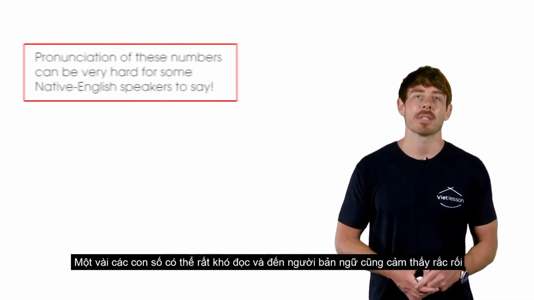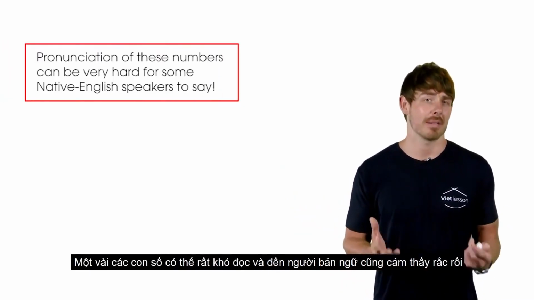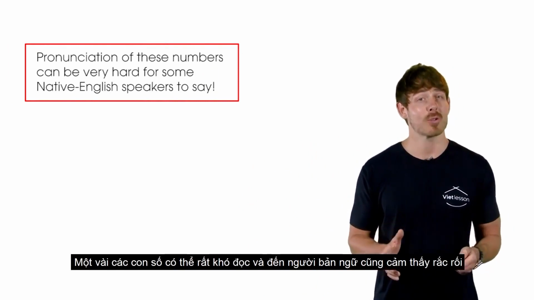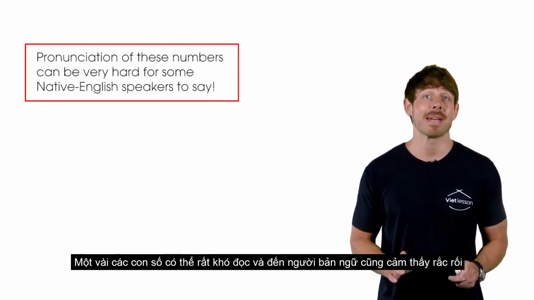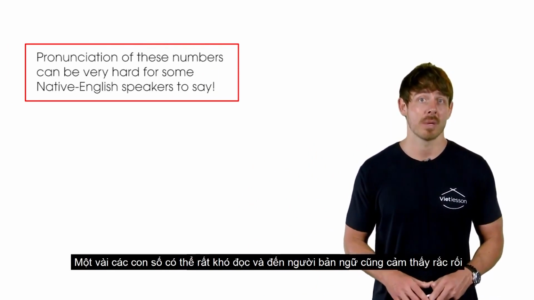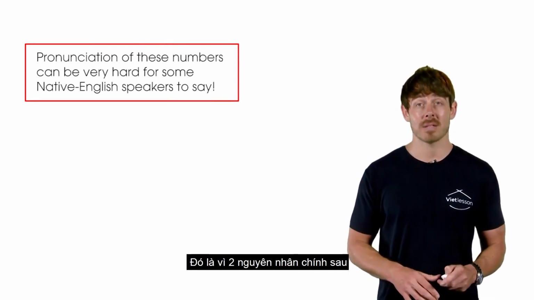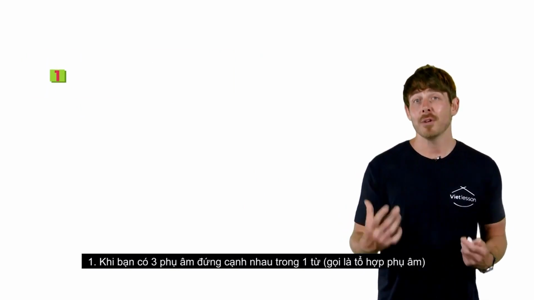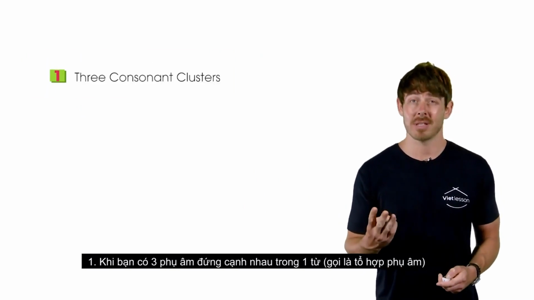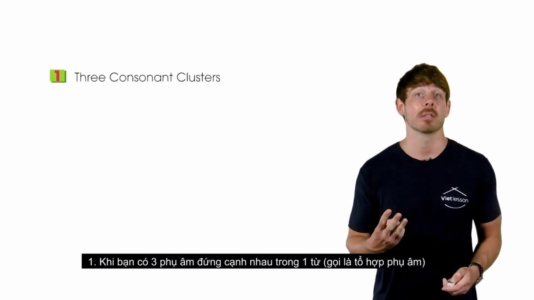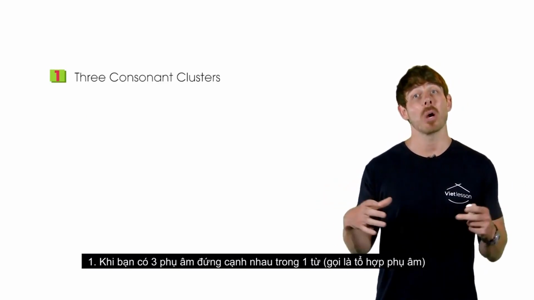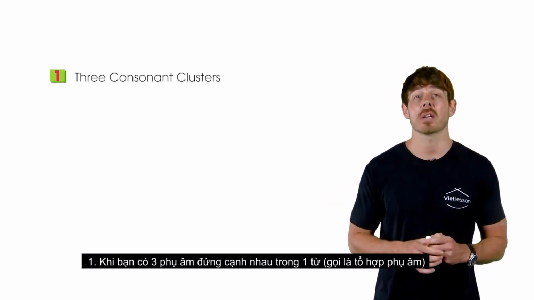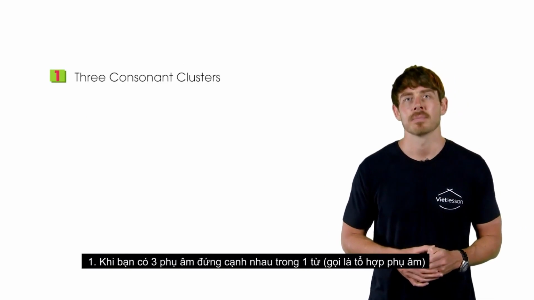Some of these numbers can be incredibly hard to say and can also be a problem for some native speakers too. There are two main reasons why. Number one, whenever you have three consonants next to each other in a word, these are known as consonant clusters.